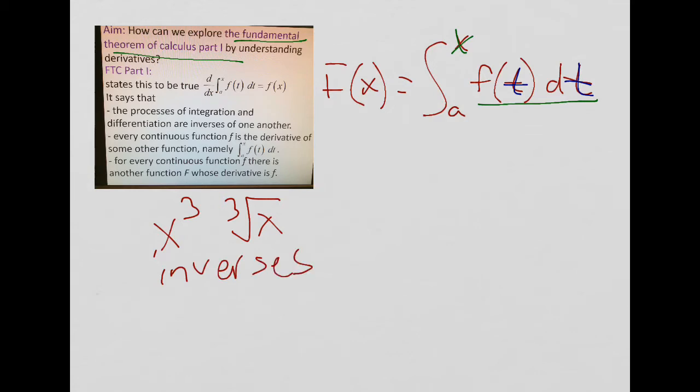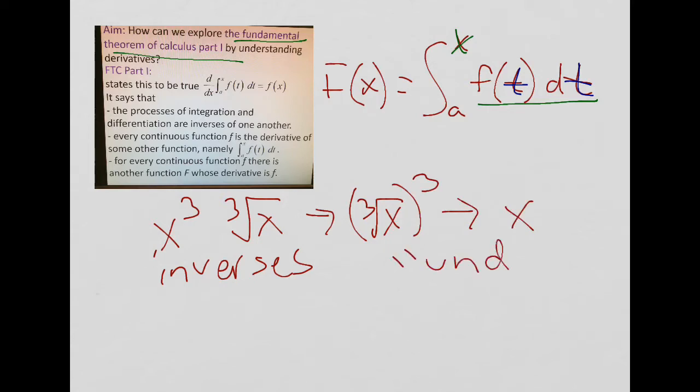Okay. So that means if you do a composition of them one way or the other, if I take the cubic root of x and I plug it into x cubed, I'm getting x. What students say is that one undoes the other.